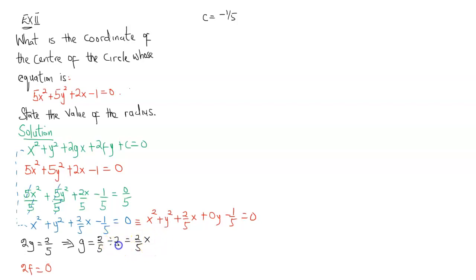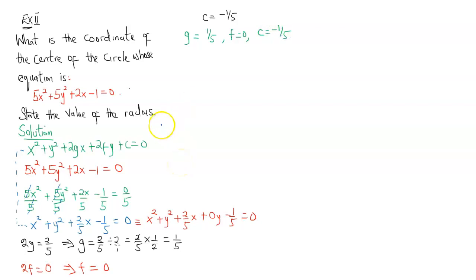So this is 2 over 1, it becomes 1/2. 2 is going to make way for 2, so my g is 1 over 5. So here 2f is equal to 0, f is going to be 0 over 2, and that is 0. So I have my three parameters. g is equal to 1 over 5, f is equal to 0, and c equals negative 1 over 5.